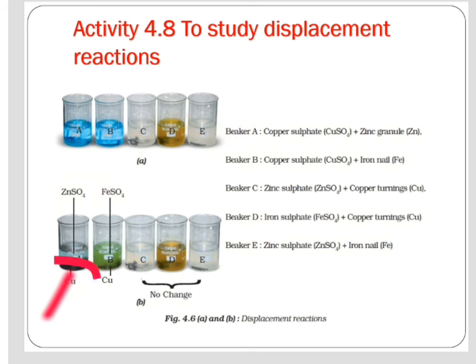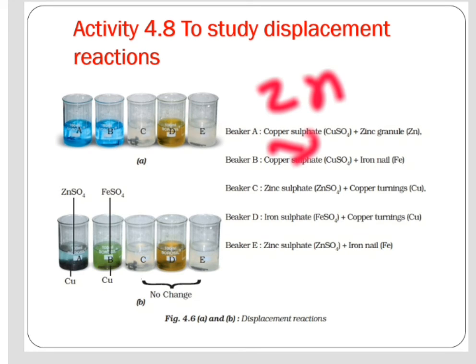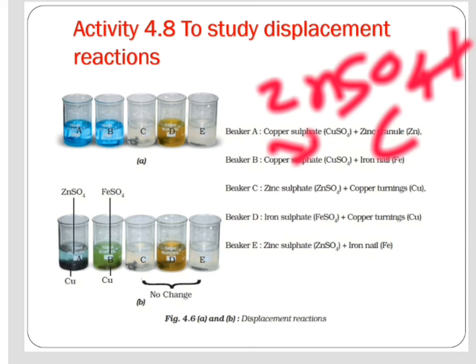Okay, and the equation for beaker A: copper sulfate plus zinc reacts to give zinc sulfate plus copper. Okay.